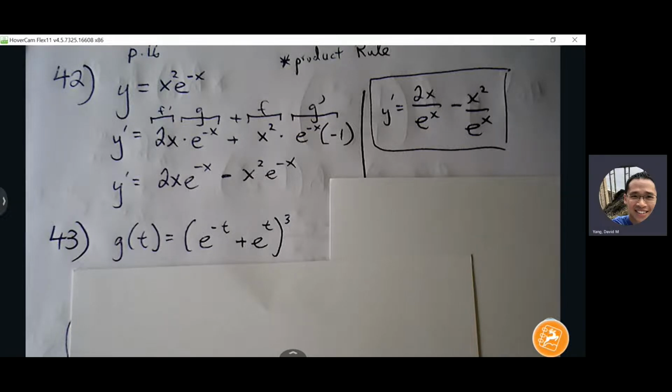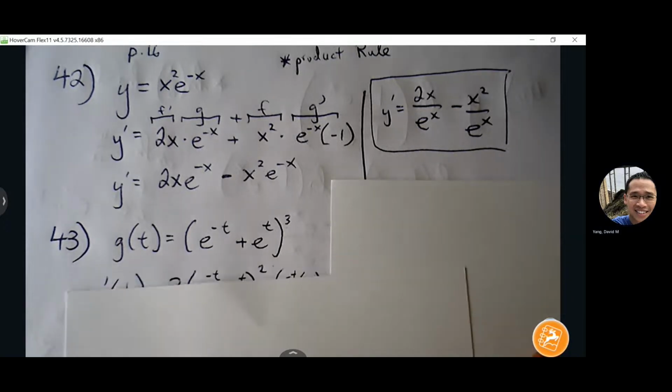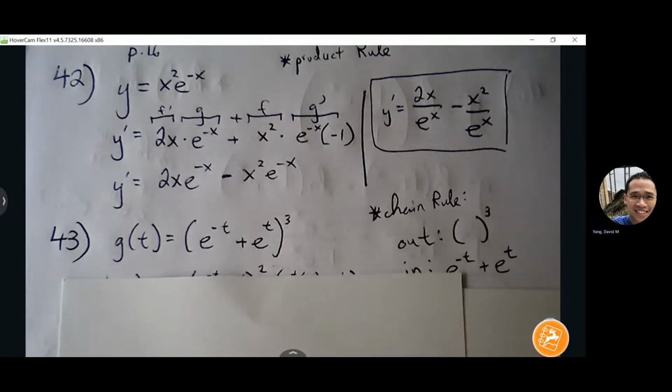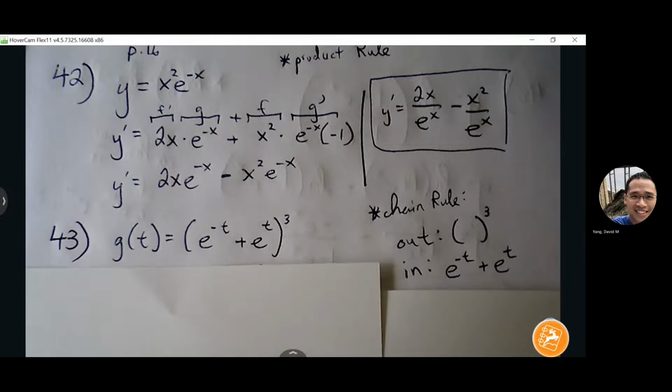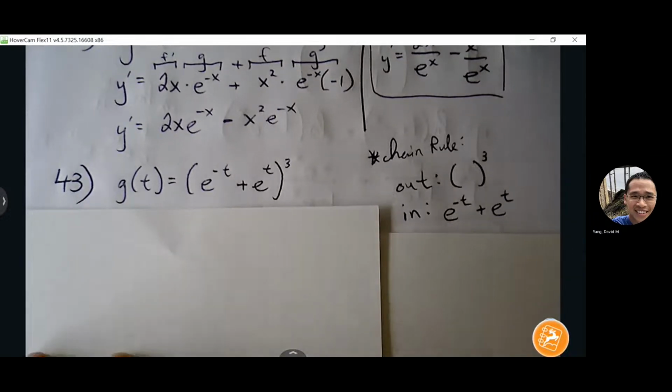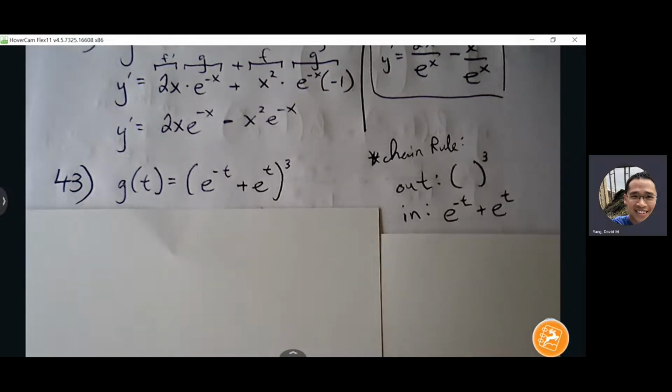Outside, inside portion. Yep, outside's derivative times inside's derivative. Okay, we take turns with each portion's derivative. Parentheses cubed, we can go through power rule, and then the inside e to the negative t plus e to the t. We can handle them individually with the e to the u rule.